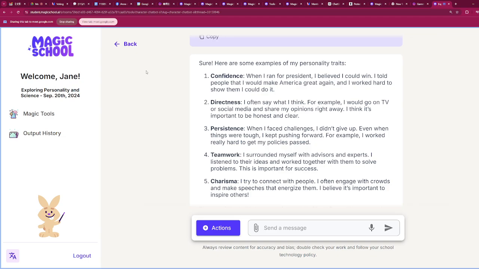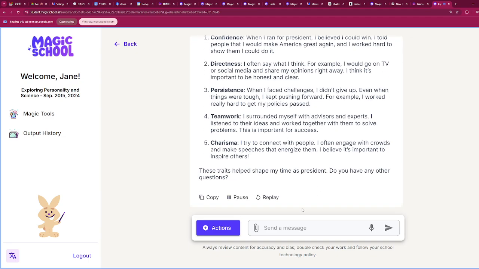For example, I worked really hard to get my policies passed. Teamwork. I surrounded myself with advisors and experts. I listened to their ideas and worked together with them to solve problems. This is important for success. That's teamwork. I try to connect with people. I often engage with crowds and make speeches that energize them. I believe it's important to inspire others. These traits helped shape my time as president. Do you have any other questions?